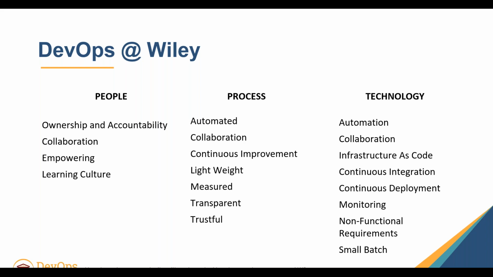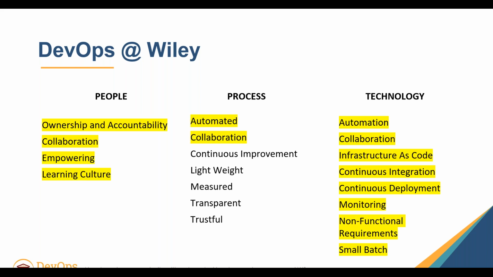For example, you'll see collaboration, but in people, when we talk about collaboration, it's referring to breaking down organizational silos, while collaboration in technology looks at collaboration tools focused on providing technology such as chat and shared code repositories that help people communicate and work together more effectively. Now, the interesting thing is, as we look across all these competencies, we find that almost all of them are relevant to a modern disaster recovery strategy.